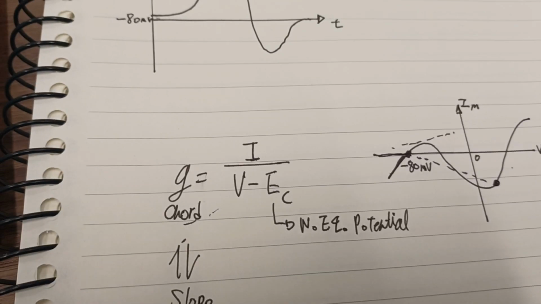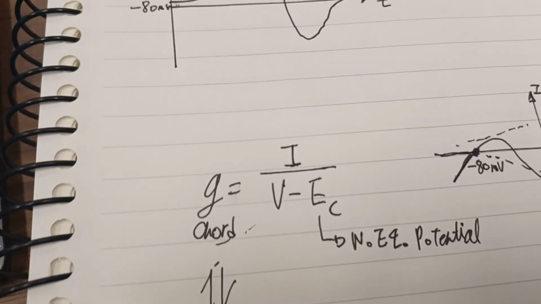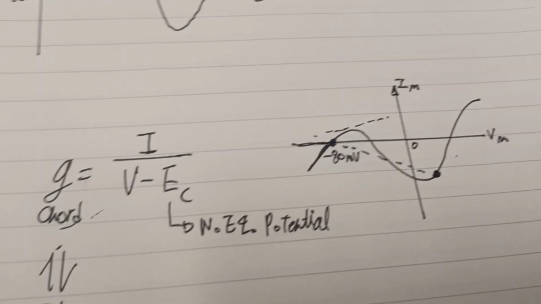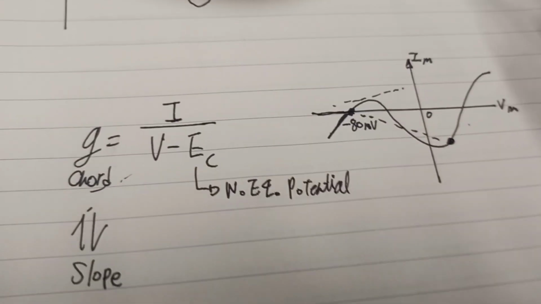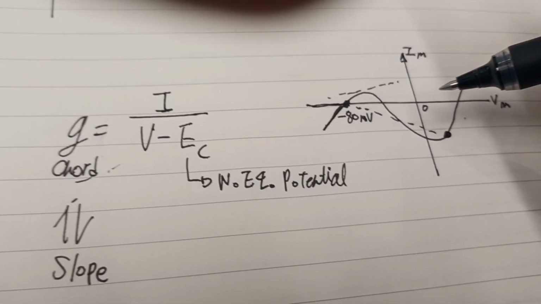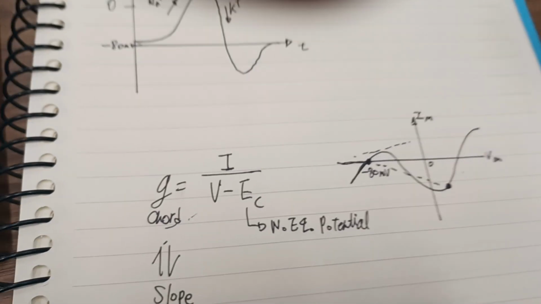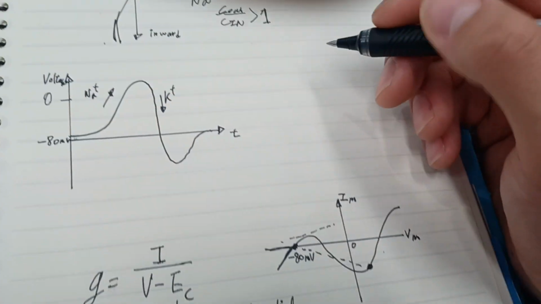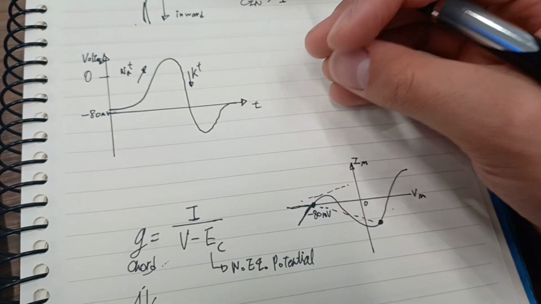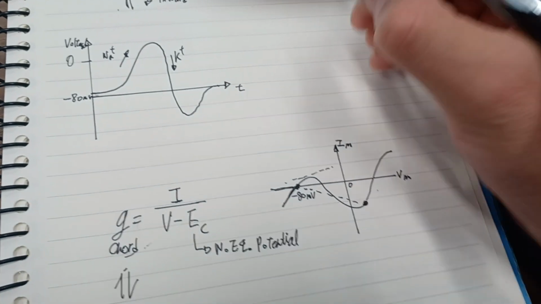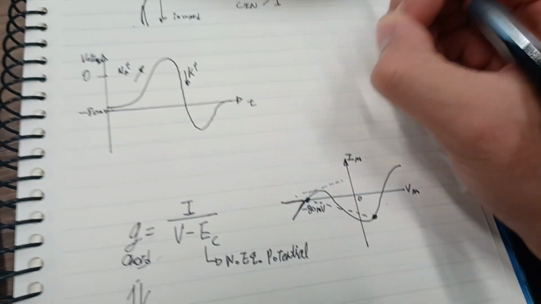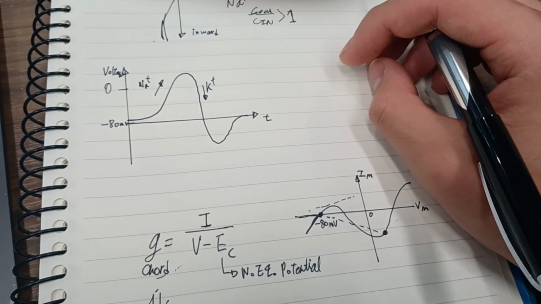And why it matters, I'll explain. When we talk about the change in the membrane voltage, what really matters is how much it deviated from its stable state, the resting state, so our Nernst equilibrium potential, right?